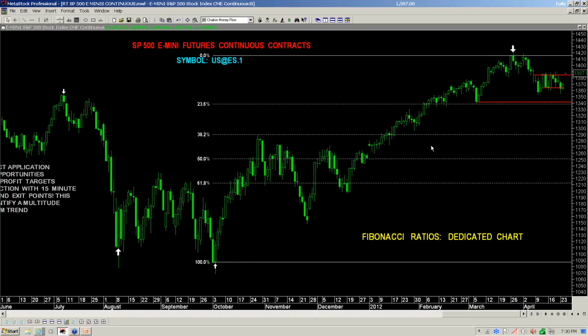Now, does anybody think it's quite a coincidence that the previous Fibonacci level that was laid out, which was right about here, has now been moved down to here? This was identified on the way up, okay? This was identified on the way down.